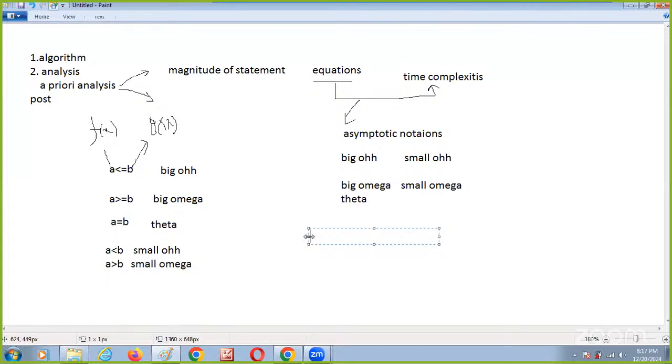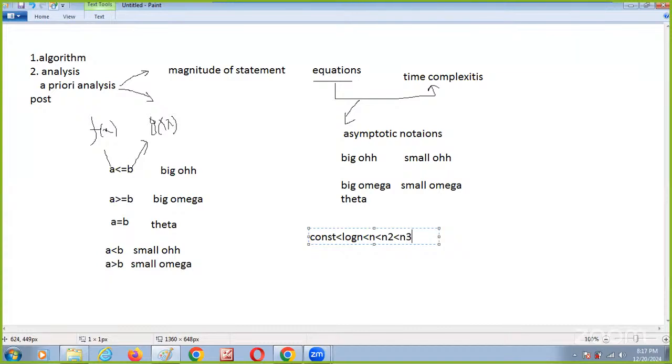The minimum growth is always constant, and constant is less than log n, log n is less than n, n is less than n square, and n square is less than n cube.